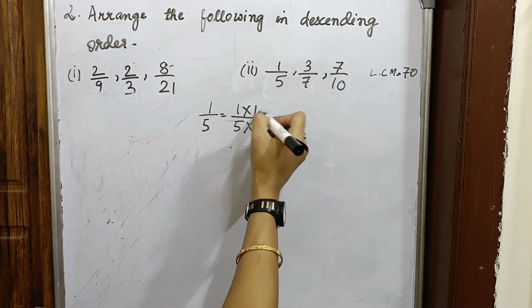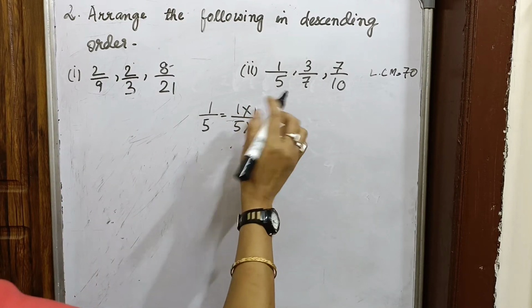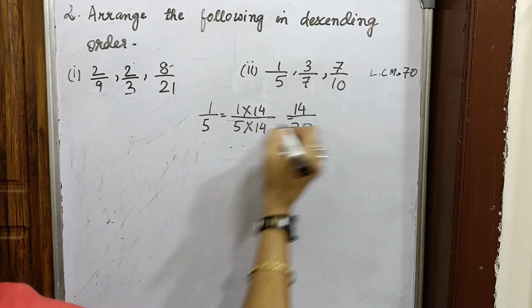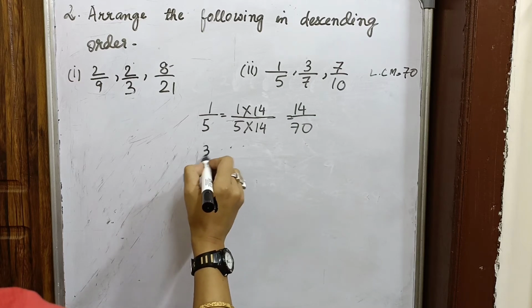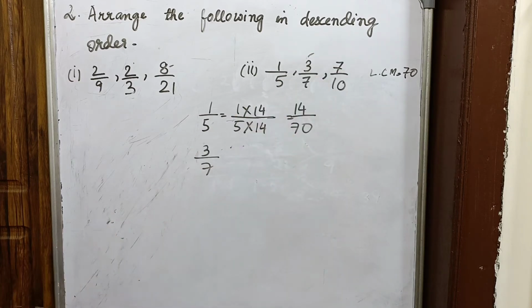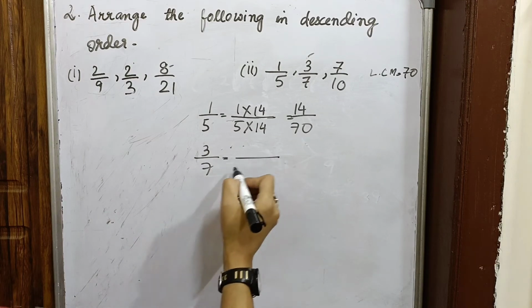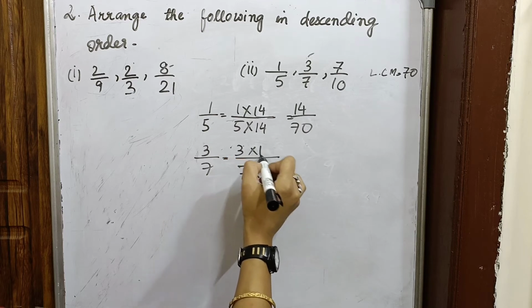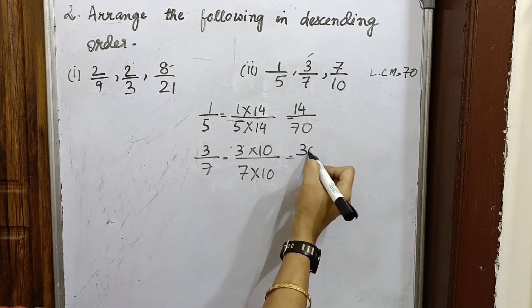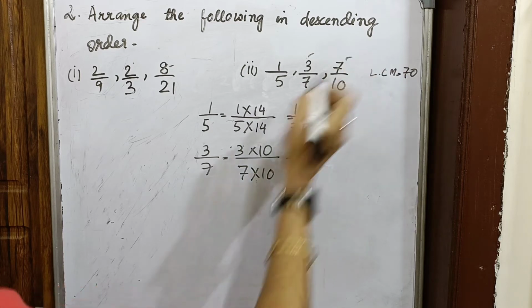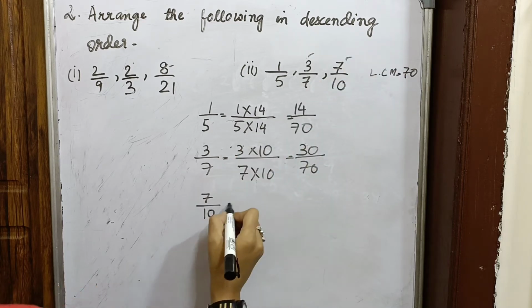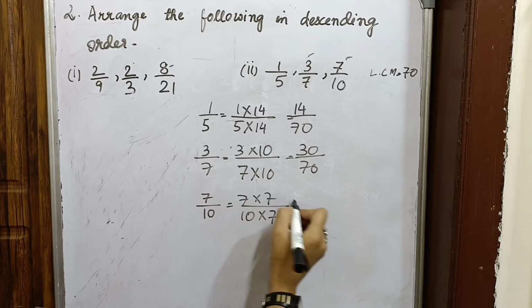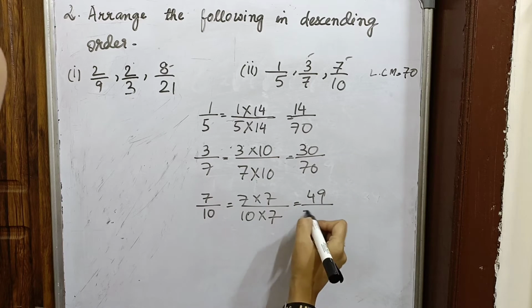So 1 into 14 is 14, giving 14 by 70. Now 3 by 7: 7 into how much is 70? 10. 3 into 10 is 30, so 30 by 70. Now for 7 by 10: 10 into 7 is 70, and 7 into 7 is 49, so 49 by 70.